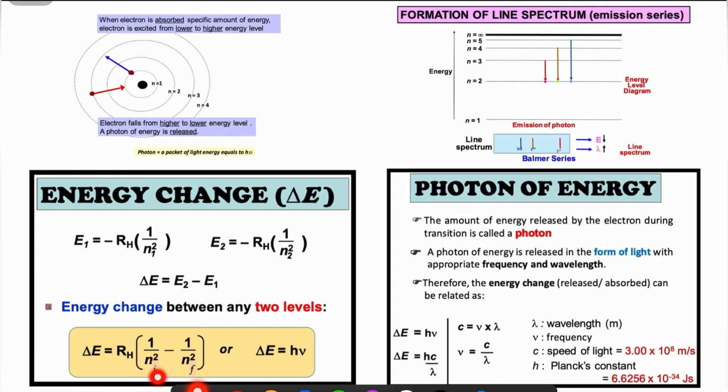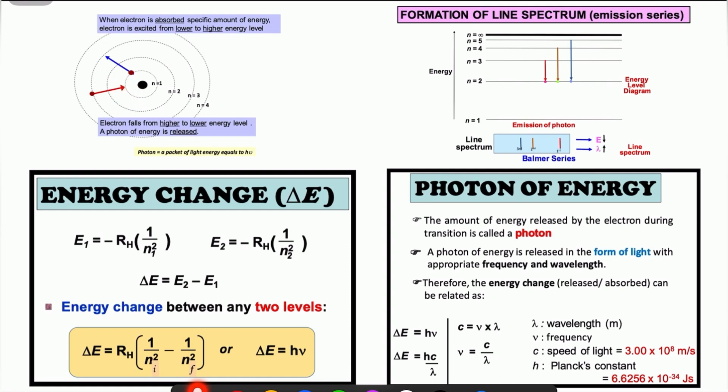So initial is 1 and final is 3, so n final is 3. If the electron makes a transition from the higher to the lower energy level, the initial energy level is 3, and the final energy level is 1.